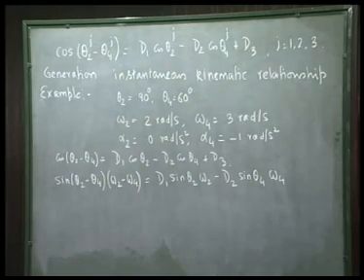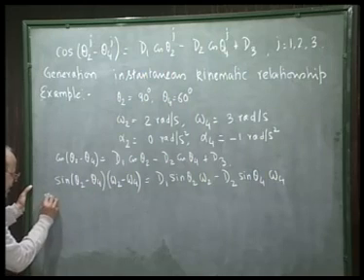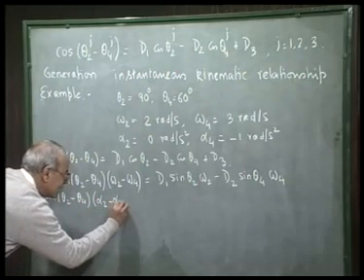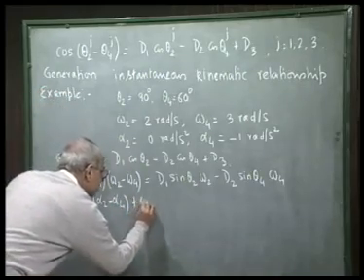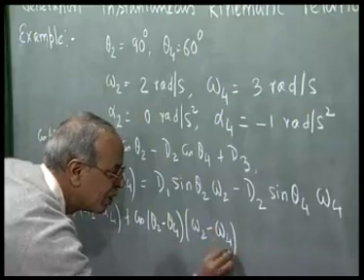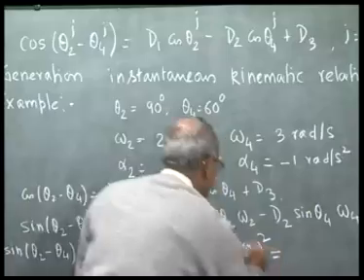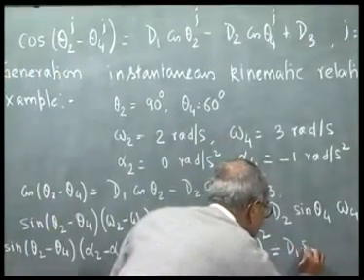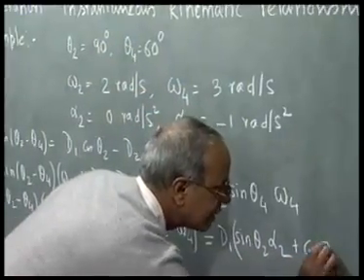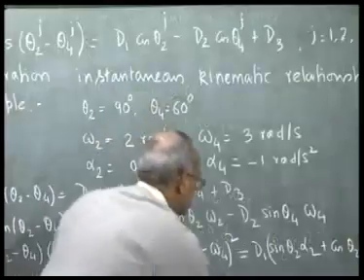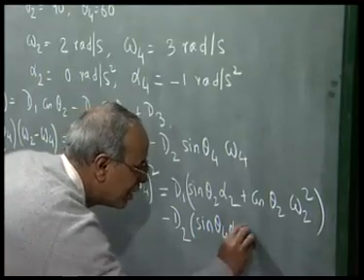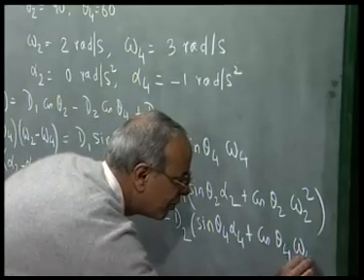Differentiating this equation once more with respect to time, we get sine of theta 2 minus theta 4 into alpha 2 minus alpha 4 plus cosine of theta 2 minus theta 4 into omega 2 minus omega 4 whole squared is equal to, if I differentiate the right hand side with respect to time, d1 times sine theta 2 alpha 2 plus cosine theta 2 omega 2 squared, minus d2 times sine theta 4 alpha 4 plus cosine theta 4 omega 4 squared.